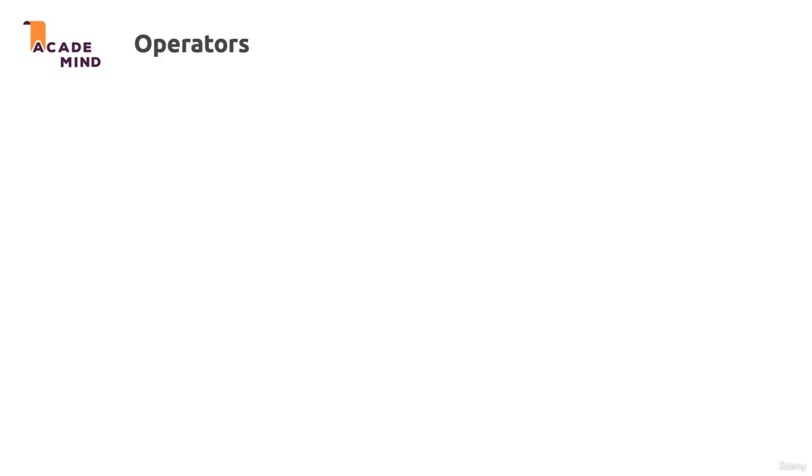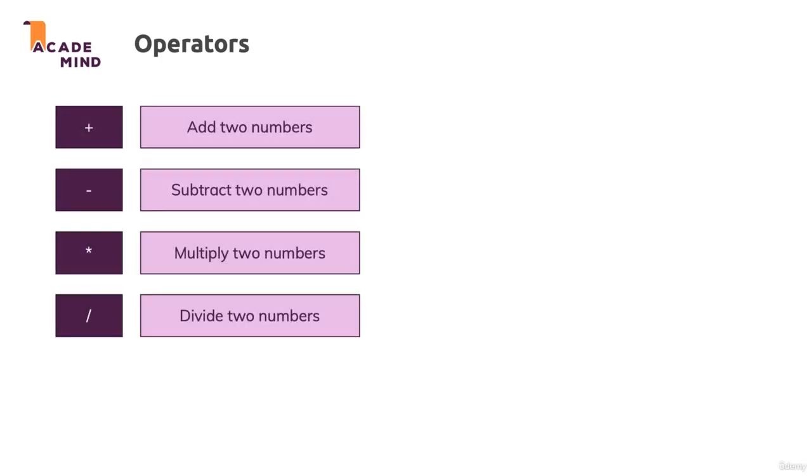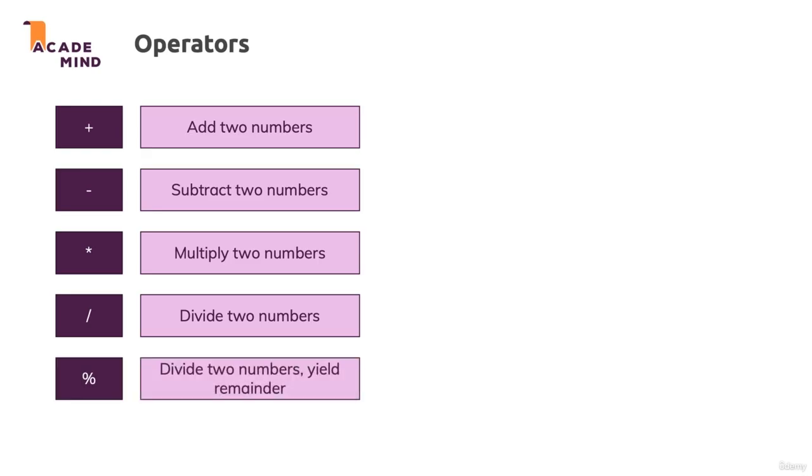And there are the typical mathematical operators you're used to. Plus, minus, then the asterisk operator, the asterisk character here to multiply two numbers, and the slash to divide two numbers. There also is a modulus operator, the percentage sign, which divides two numbers but doesn't return the result of the division, but the remainder, so the part that remains if a clean division without a decimal value as a result isn't possible.